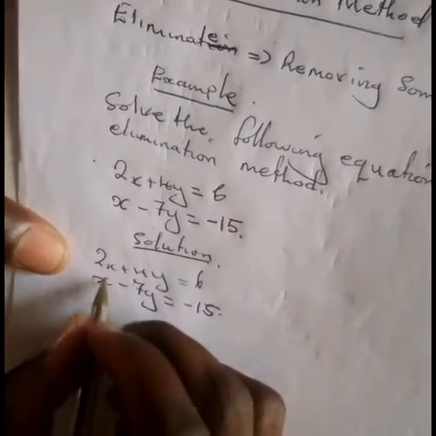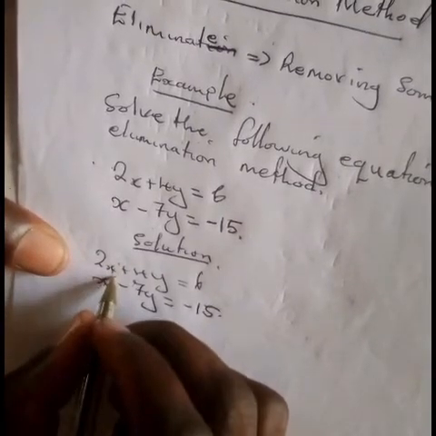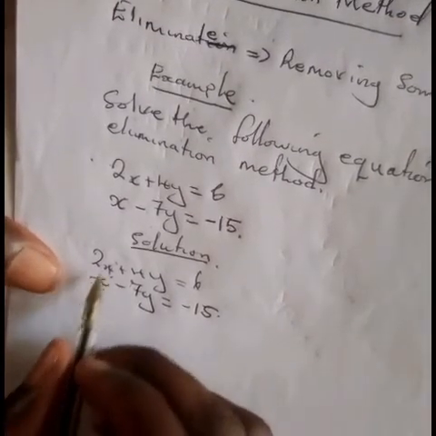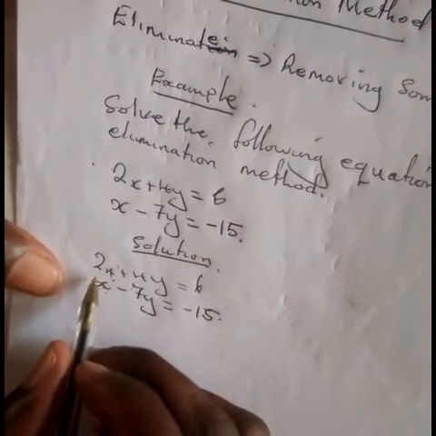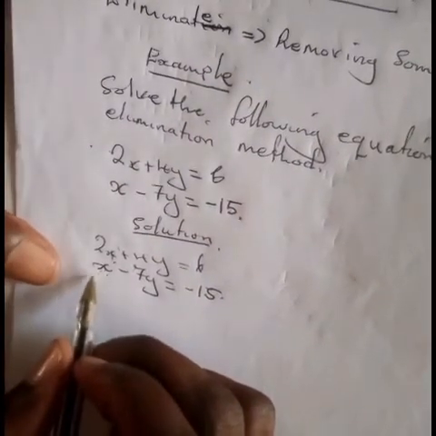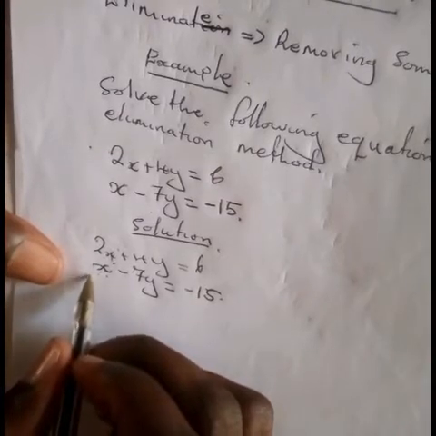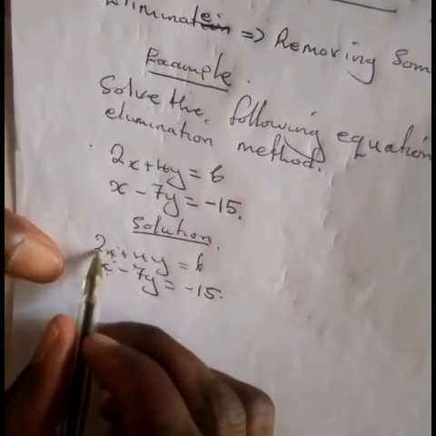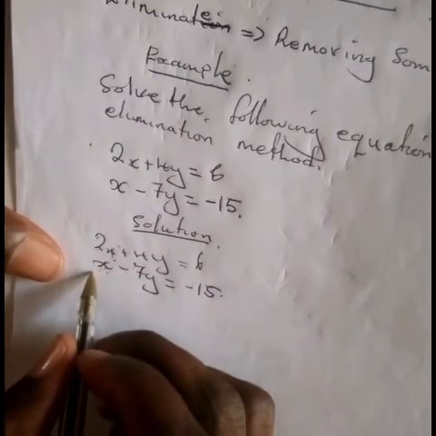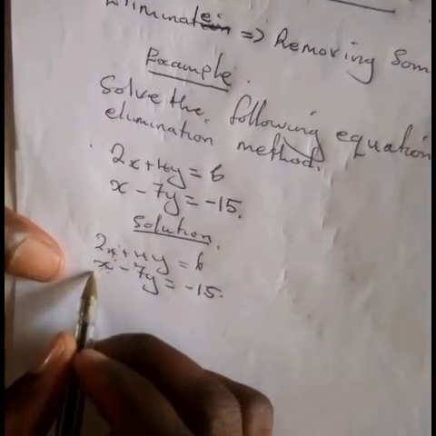First, we need to check the coefficient of x in the first equation and the coefficient of x in the second equation. The coefficient of x in the first equation is 2. The coefficient of x in the second equation is 1.